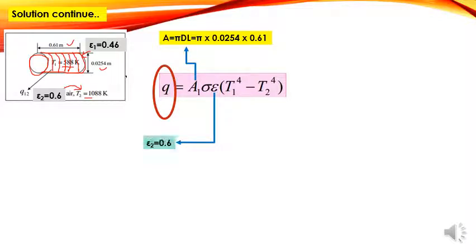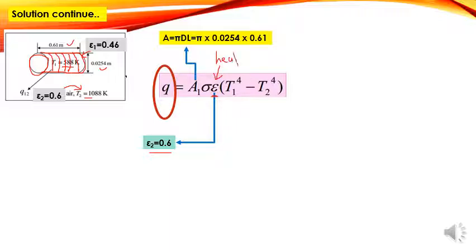Okay, emissivity in this case we have to use emissivity 2, E2. Why? Okay, listen carefully. This is a very important point. The emissivity that we should use in this equation should be the emissivity of the heat source.